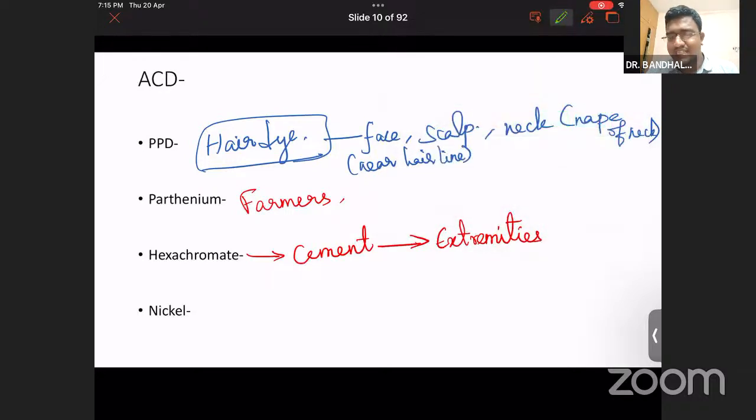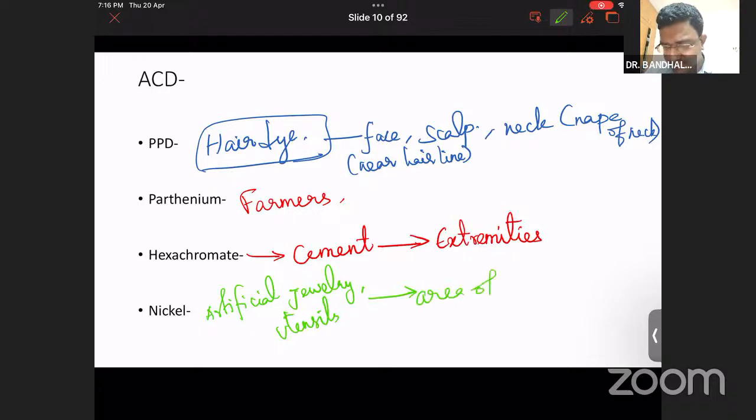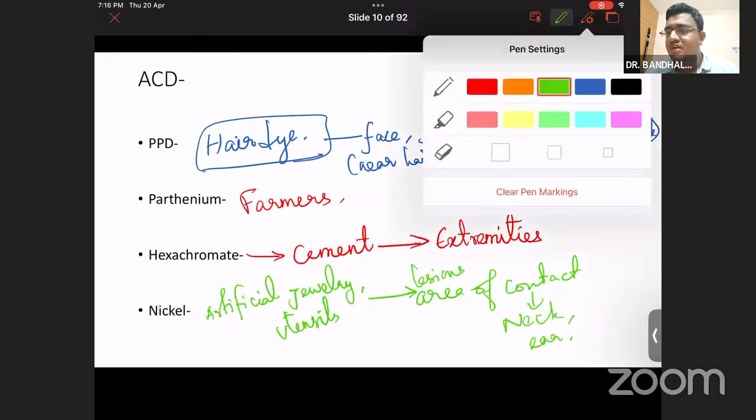Next, another one pending is nickel. Nickel is commonly present in artificial jewelry. Some daily utensils, plates and so on, may also have it. So the lesions will be in the area of contact, for example the neck if they are wearing a chain, or the ear if they are wearing an earring.